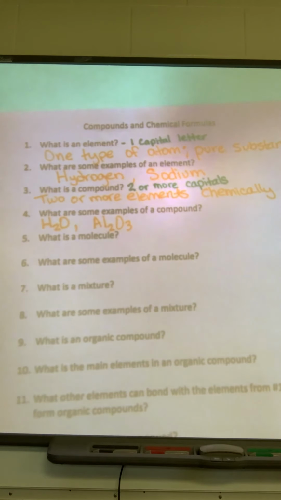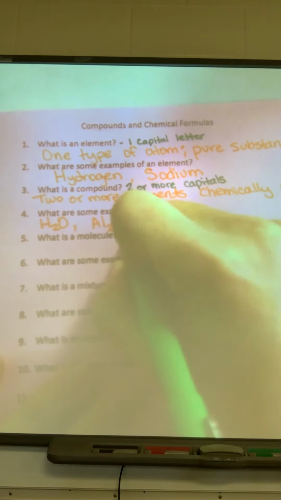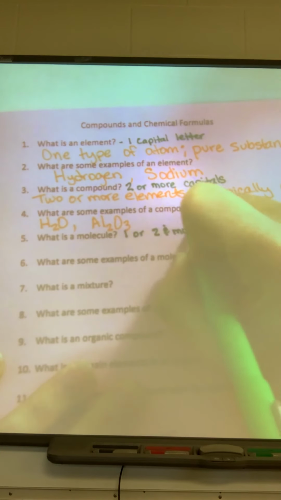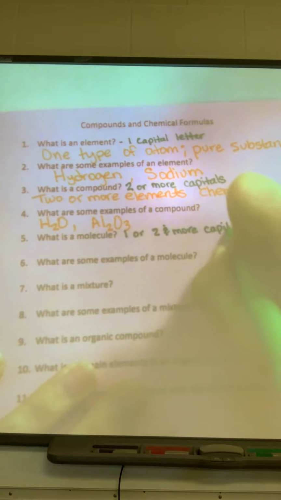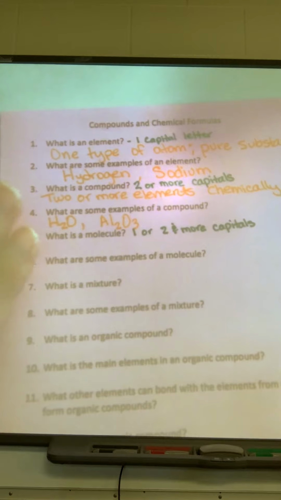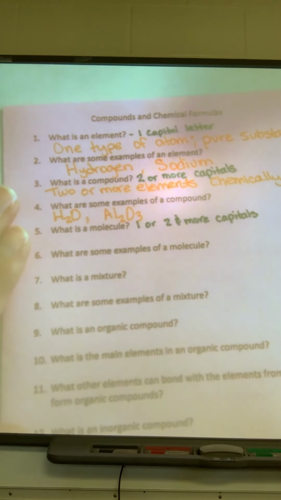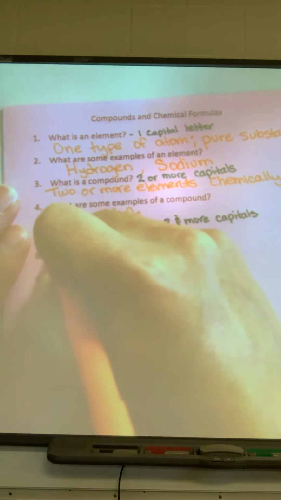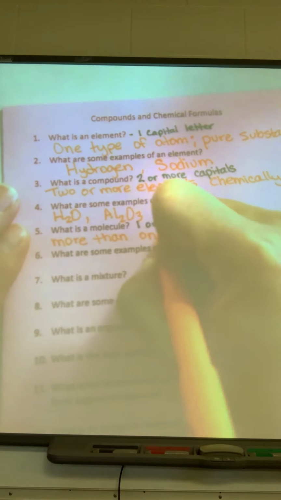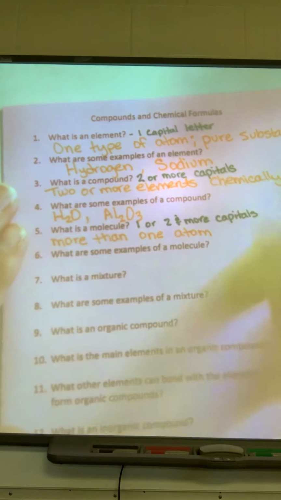Molecule. All right, now this one's going to be a little bit harder because a molecule can have one capital or two capitals. Okay? So with my molecule, I could have one or two or more capital letters. And you're sitting there going, okay, that doesn't make sense to me. Well, all a molecule is, is when you have more than one atom. Okay?